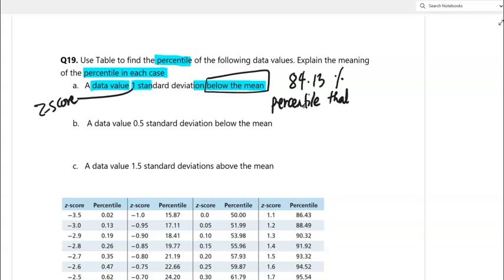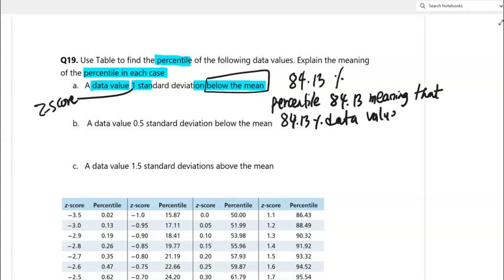The percentile, whatever it is, 84.13, means that 84.13% of data values are less than or equal to that data value, whatever that data value is going to be.